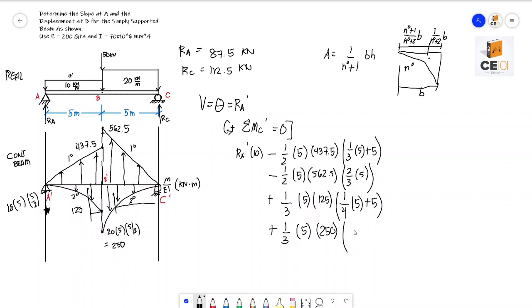So ayan yung n degree plus 1 over n degree plus 2. So itong n degree plus 1, so 3 to, nth degree plus 2, 2 plus 2, 4. So 3/4 ng B natin, so 5. So ito na yung magiging equation natin. So makukuha na natin yung RA prime. So yung anong RA prime natin?